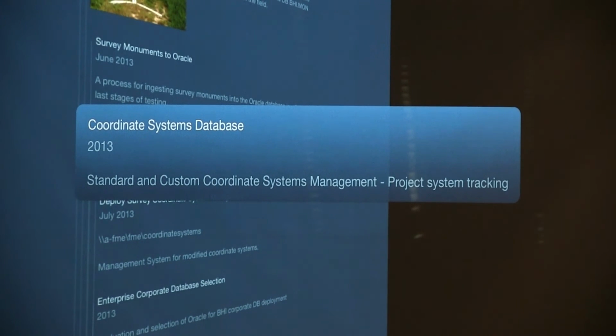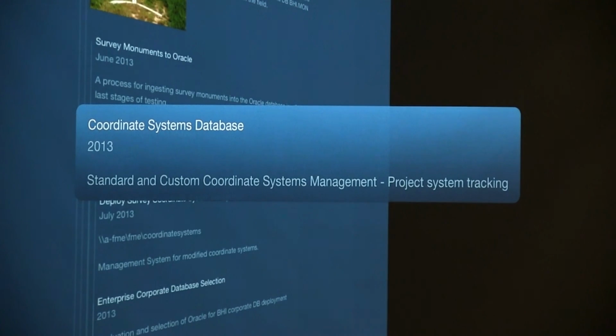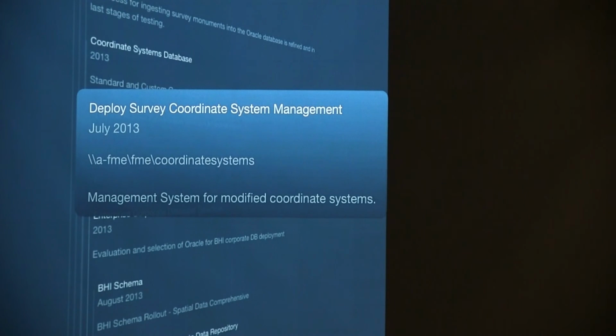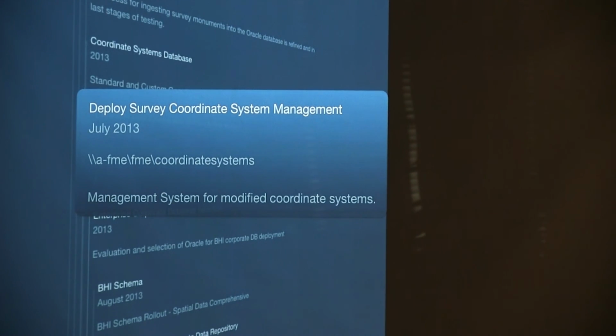And we can use FME to move data back and forth from the database into the tools that we use in the proper coordinate systems. And this was the effort to train all the survey staff on how to work with the data that's in the database, the coordinate systems.